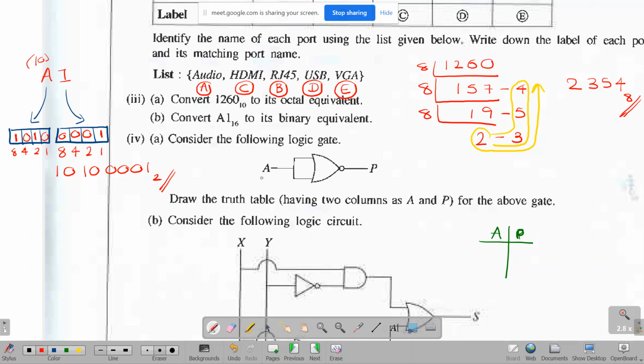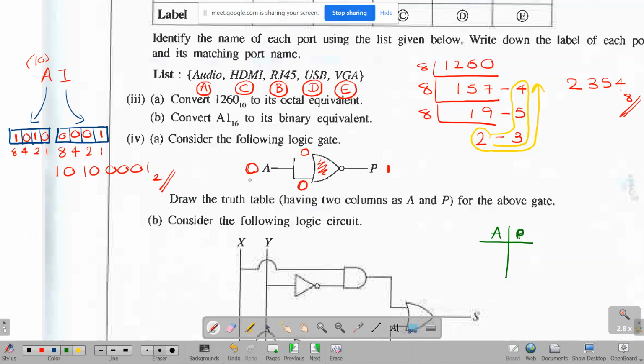If we provide 0 to A, 0 will be reached here, 0 will be reached here, because it's the same line which is being divided. Since this is a NOR gate, the NOR gate adds the inputs and complements it. So 0 plus 0 will be a 0. Once it has been complemented, 1 will be the output.